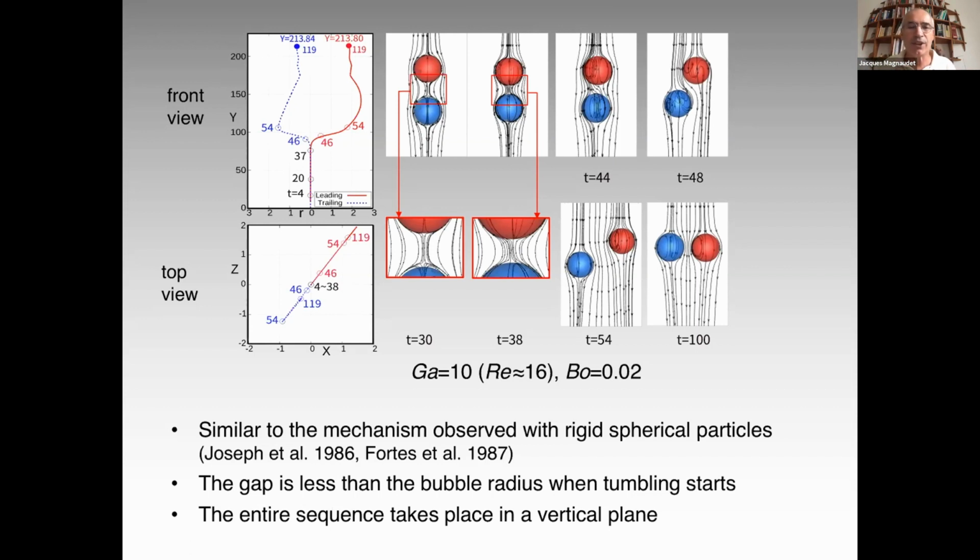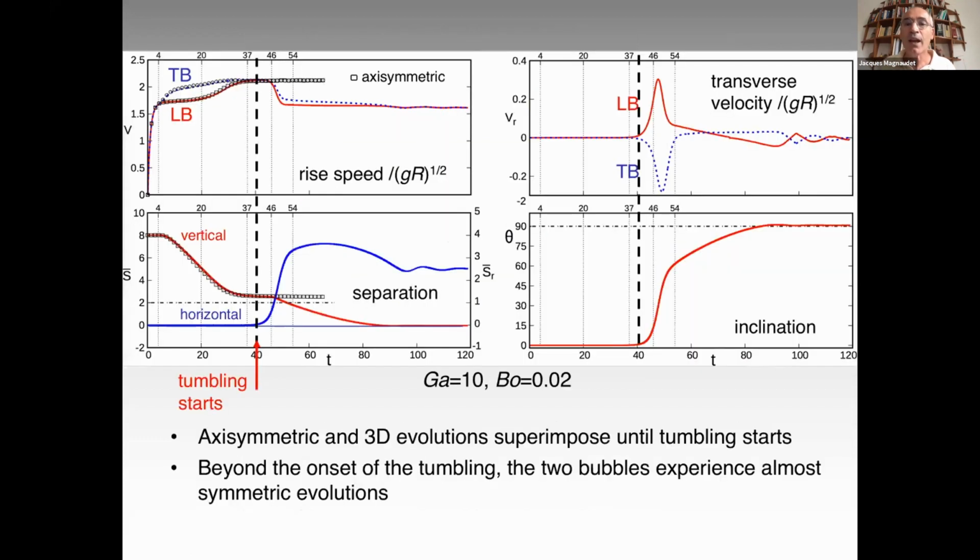Another important point is the top view of the path here. You see that this top view is a straight line, which means that the entire scenario takes place within a vertical plane. I will not comment on all these curves in detail, but I will say a few words about this one, which shows the inclination angle of the bubble pair as a function of time.